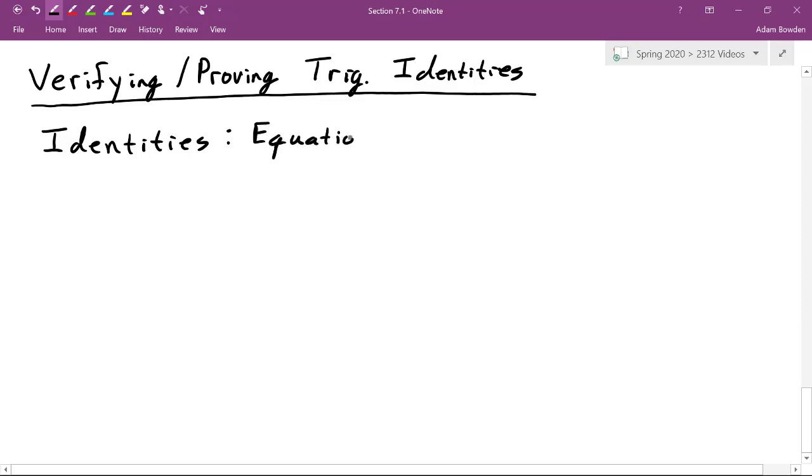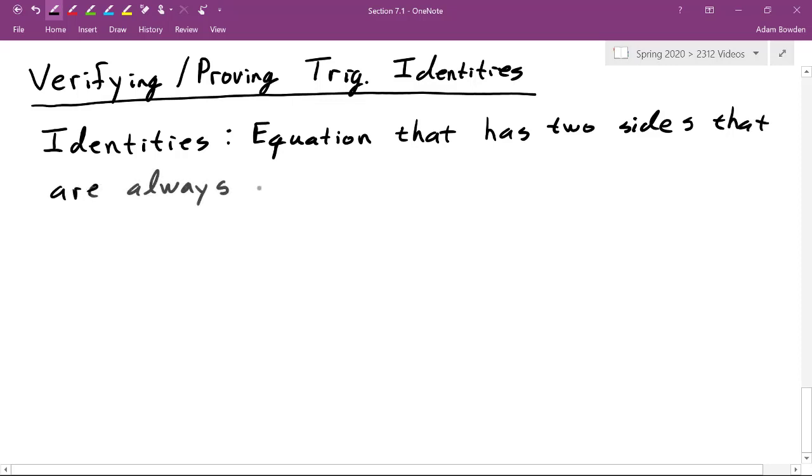We're going to show that it's an equation that has two sides that are always equal to each other. That's the key defining characteristic of an identity, an equation that has two sides that are always equal to each other.